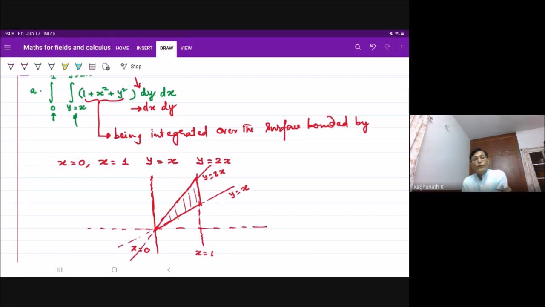Now, first the y limits we are taking. They extend between the y functions, and then x moves from x is equal to 0 to x is equal to 1, to evaluate the integral of the function 1 plus x square plus y squared.